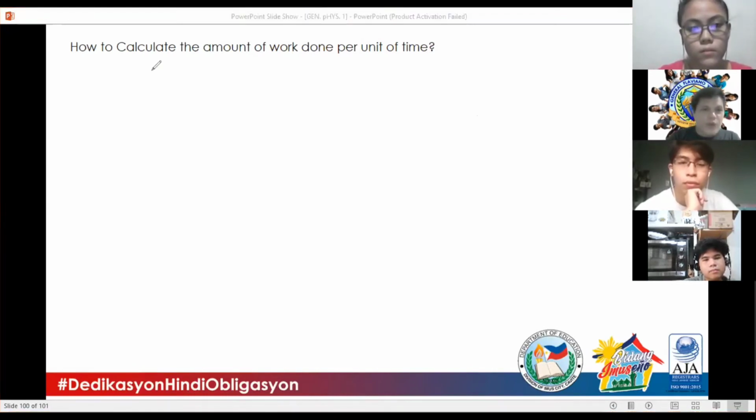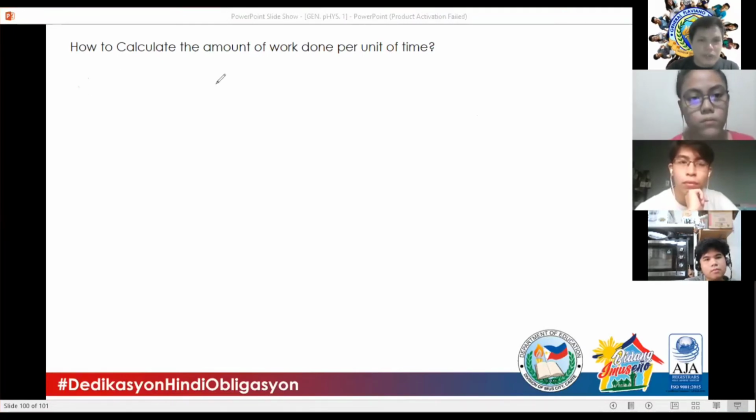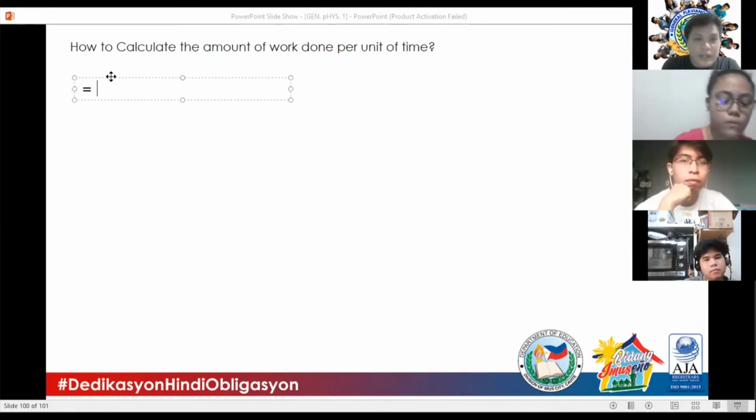If you want to calculate the amount of work done per unit of time, ibig sabihin you are calculating for power. Okay? Power. What is power? Power is defined as the amount of work done per unit of time. Actually, tinanong ko lang, ni-reverse ko lang yung definition ng power.